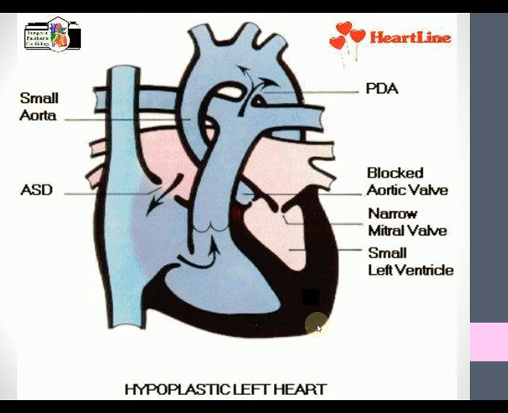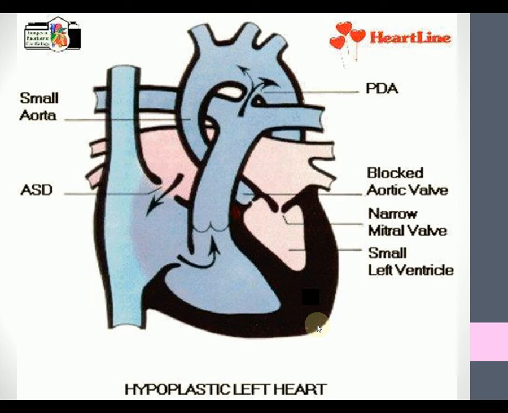So let's see what's going on here. We have a small aorta, which is a bad thing. We have an atrial septal defect. We have a narrow mitral valve. We have a small left ventricle, which means the gradient will be less on the left side than the right side. So basically, hypoplastic left heart.